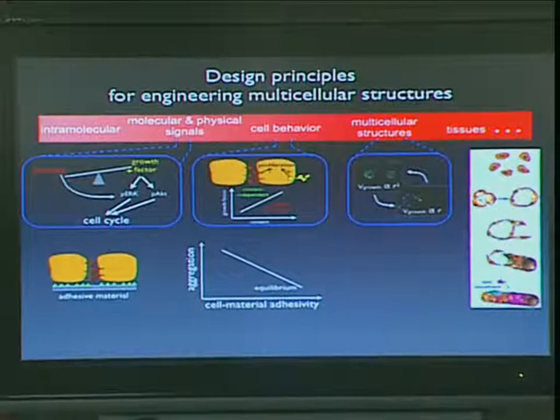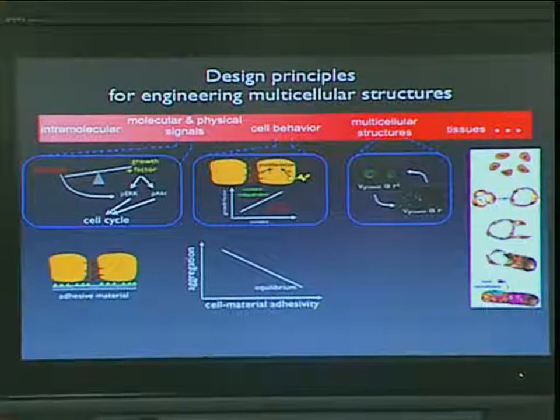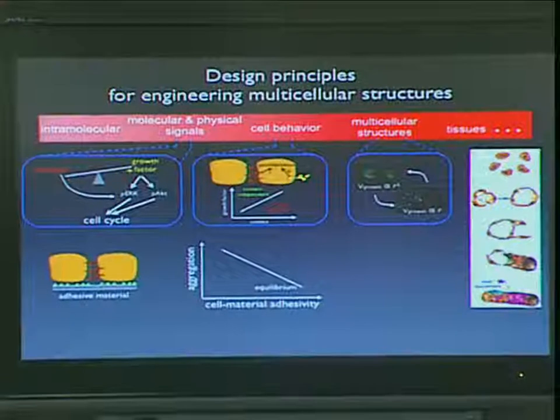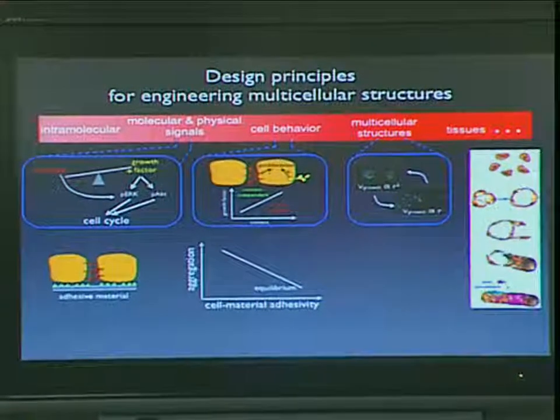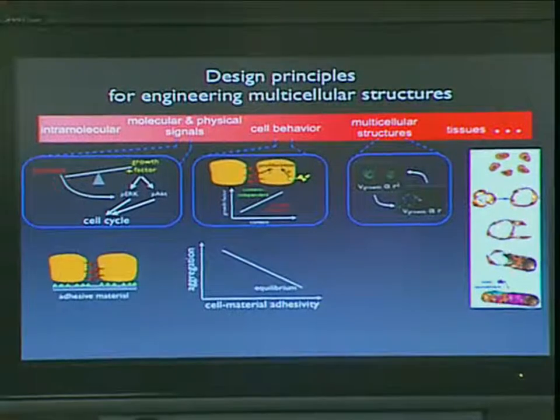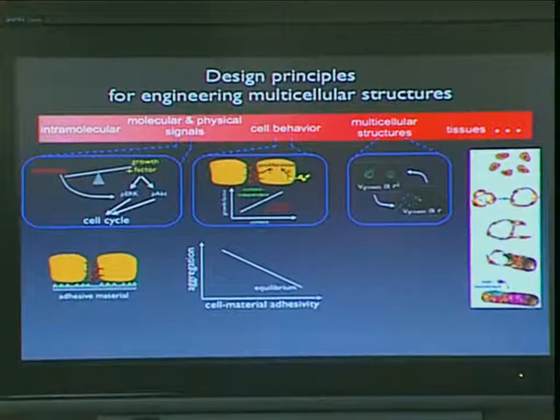And one of the ideas that's out there is this notion of differential adhesion, where if we look at cells interacting with each other and with the surface underneath, the argument has been that if the cell material adhesivity is greater than cell-cell adhesivity, then you would reduce the tendency to aggregate. If cell-cell interactions are more favored, that would promote aggregation.